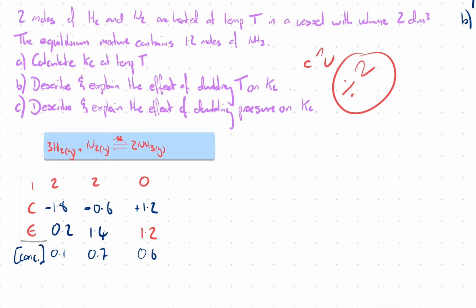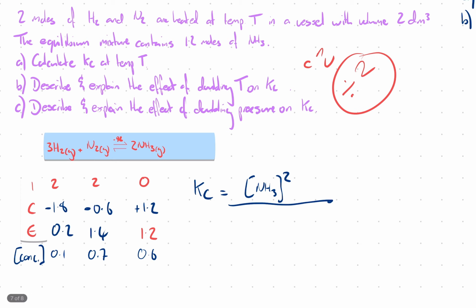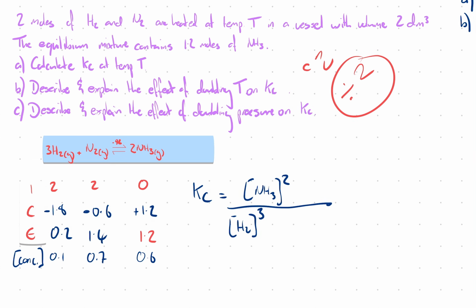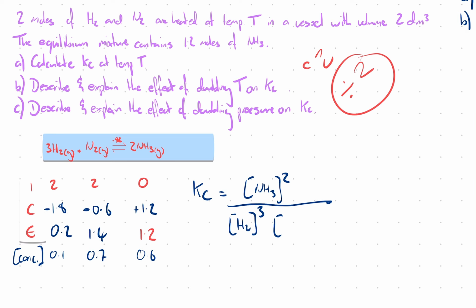Now, I need to use this information and put it into my expression for Kc, which we've not done yet. Remember, that's always going to be the concentration of products, and it'll be squared because of this 2 here, over our H2 to the power of 3 because of our 3 here, multiplied by our N2.